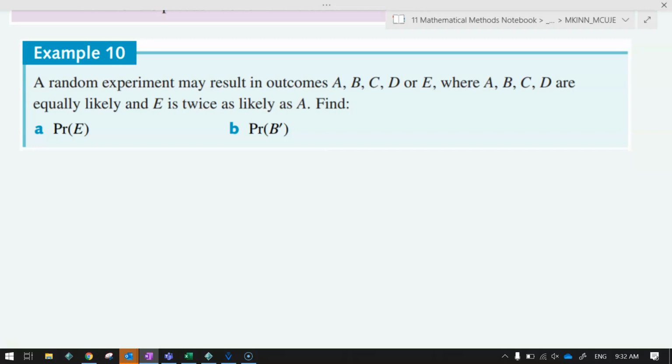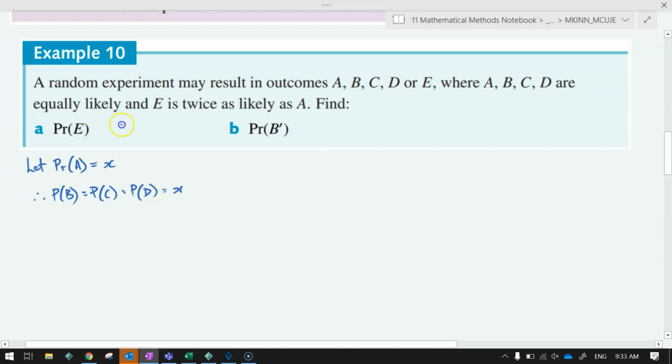So I'm going to say let the probability of event A equal x. I don't know what it is, so I'm going to use x, very creative that way. Therefore, I also know the probability of B is the same as the probability of C, is the same as the probability of D. They are also equal to x because they were equally likely, weren't they?